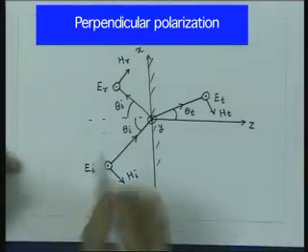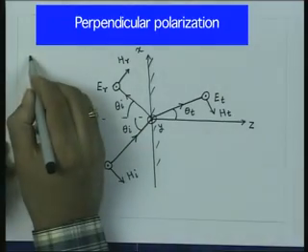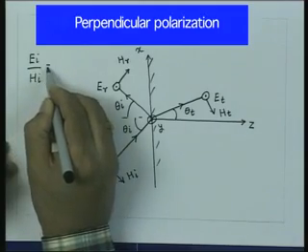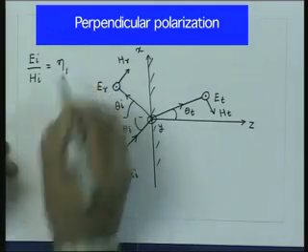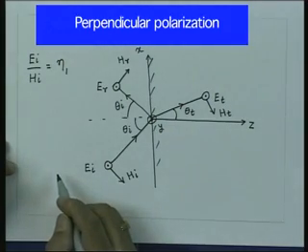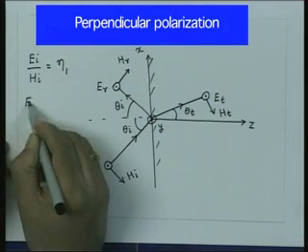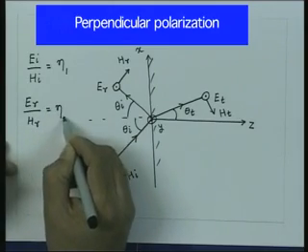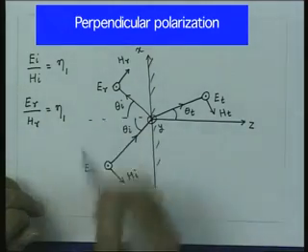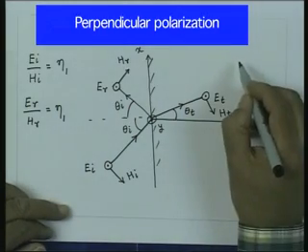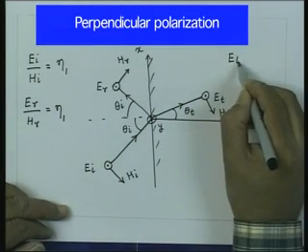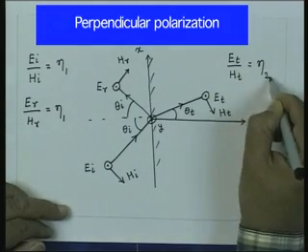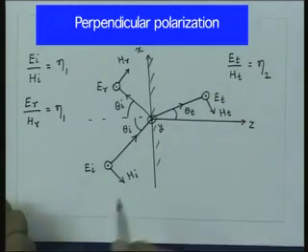So as we saw here, we have Ei upon Hi, that is equal to eta 1, which is the intrinsic impedance of medium 1, Er upon Hr, that is also equal to eta 1, the intrinsic impedance of medium 1, and here Et upon Ht, that is equal to eta 2, which is the intrinsic impedance of medium 2.